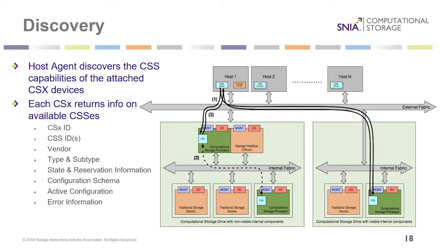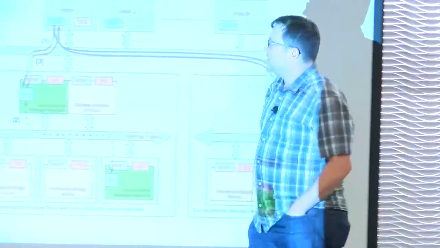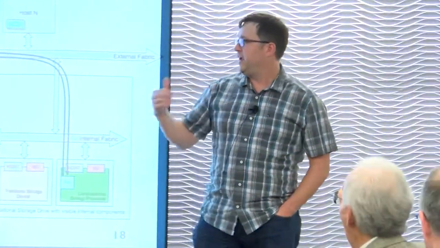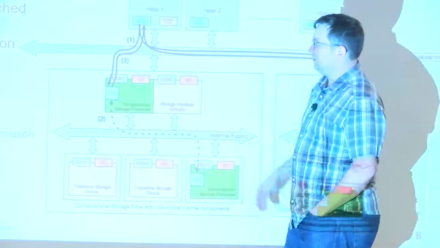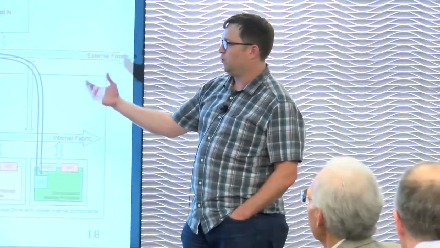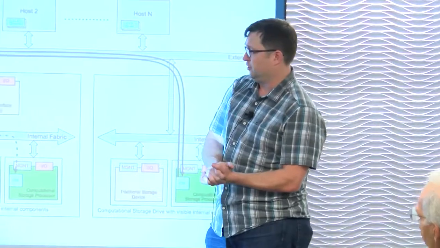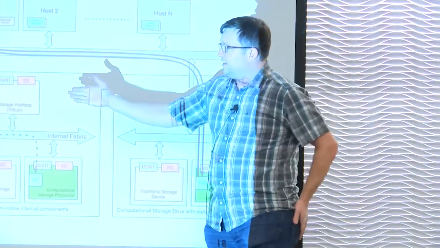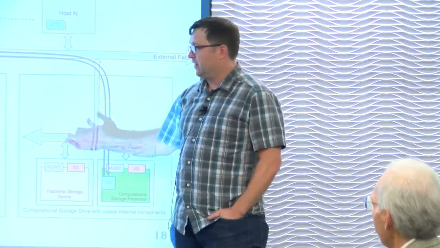What are your attributes, your properties? That information will then go back up to the host so that it knows, hey, I've got these computational storage services available. I've got IDs for my computational storage device. I have different IDs for my computational storage service. I have a vendor. There are different types, state and reservation information.